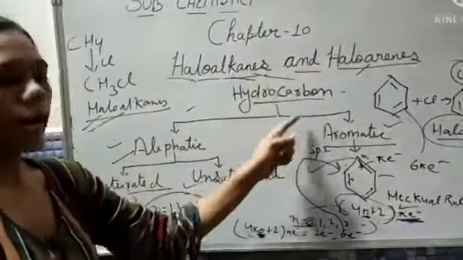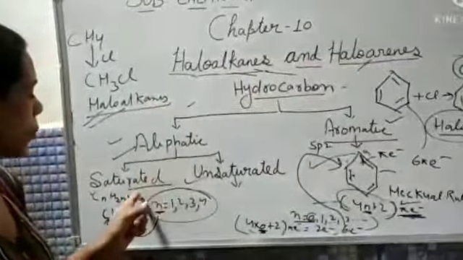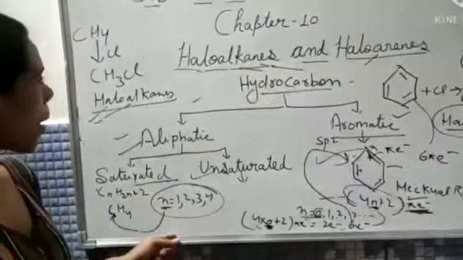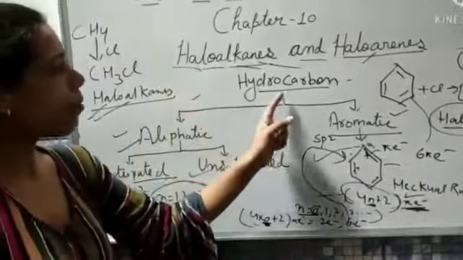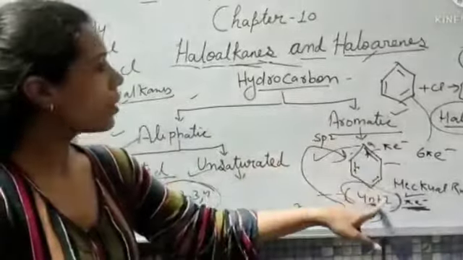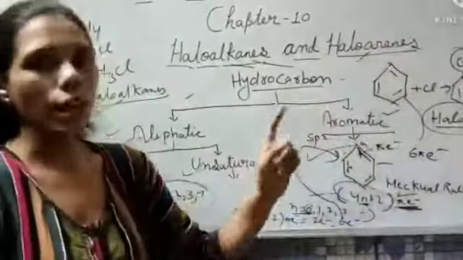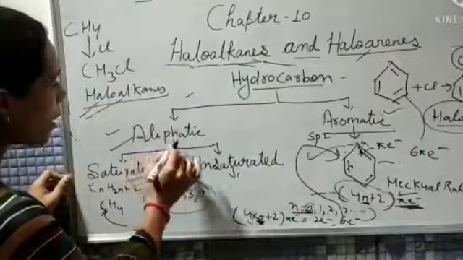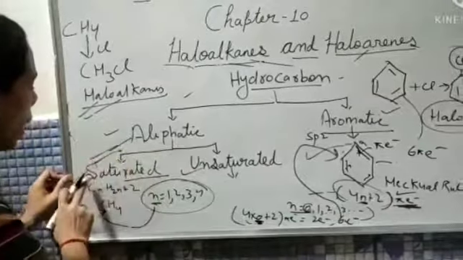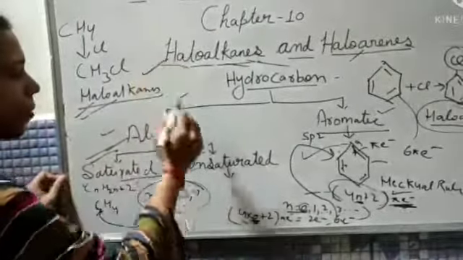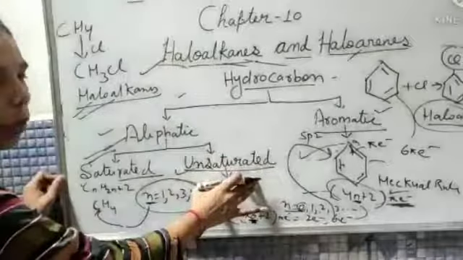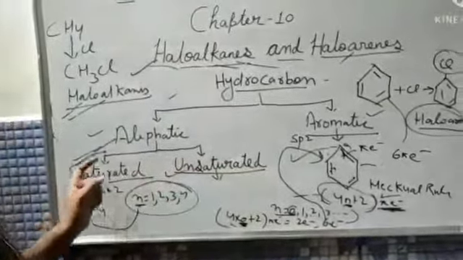They come from aliphatic saturated hydrocarbons, giving the word haloalkane, and from aromatic hydrocarbons, aromatic compounds, the haloarenes come. In this chapter we have to read about saturated hydrocarbons. We don't have to go through unsaturated hydrocarbons. So our focus is on saturated hydrocarbons.